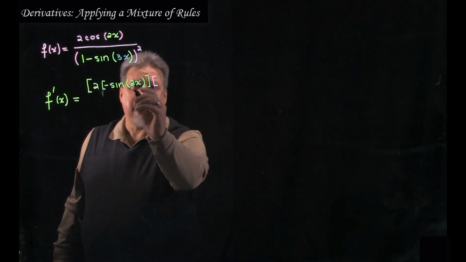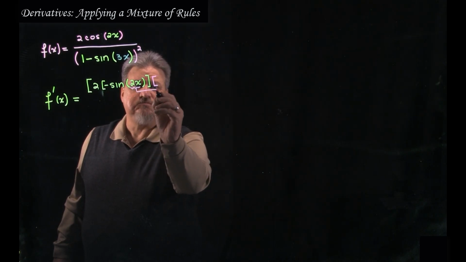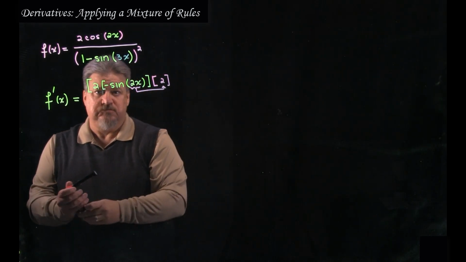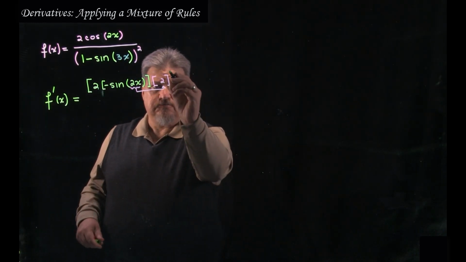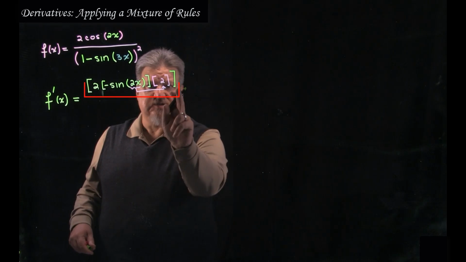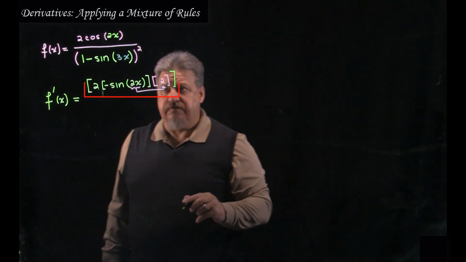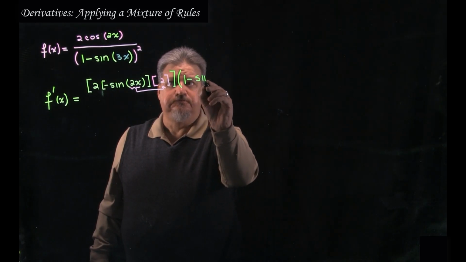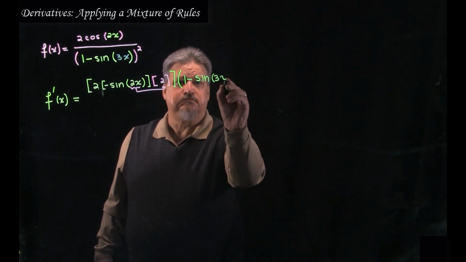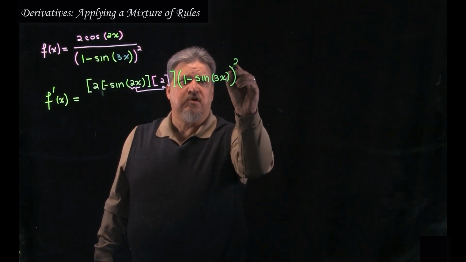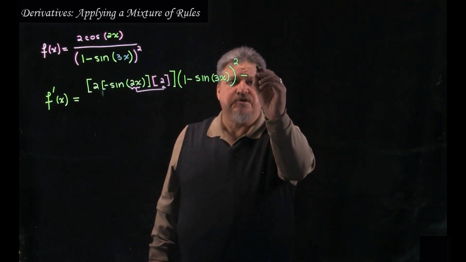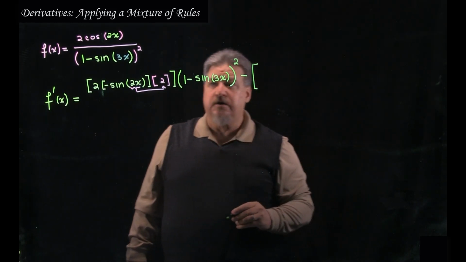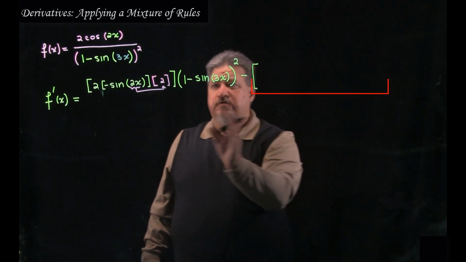What's the derivative of this inside function? 2. Okay. Now, all of this in the brackets that I'm pointing to is the derivative of the numerator times the denominator, minus the derivative of the denominator, which I'll do here, then of course times the numerator, over the denominator squared.